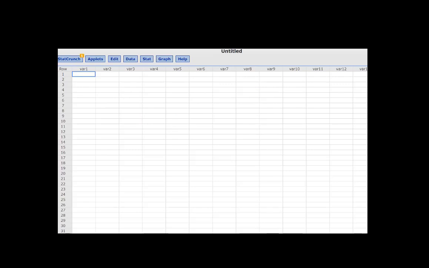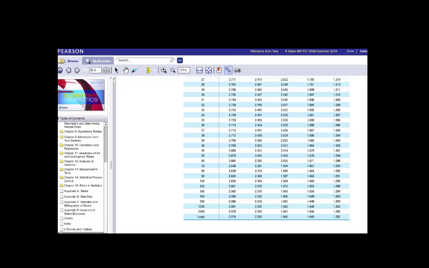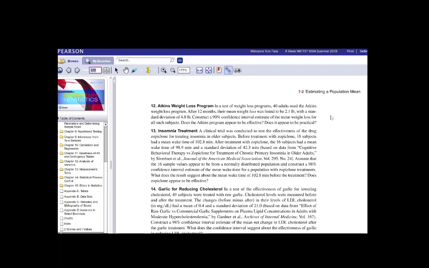We want to go to number 12 on the next page. Okay, this has to do with weight loss. So let's look at our e-text. In a test of weight loss program, 40 adults used the Atkins weight loss program. After 12 months, their mean weight loss was found to be 2.1 pounds with a standard deviation of 4.8 pounds.